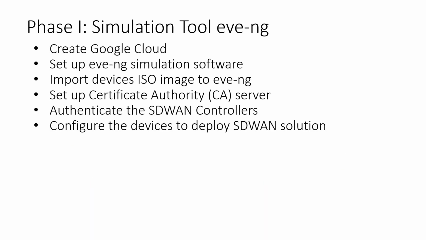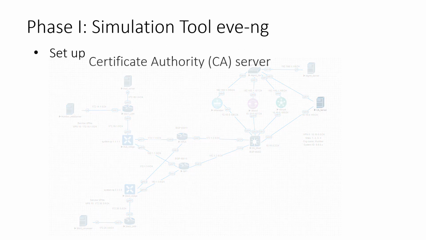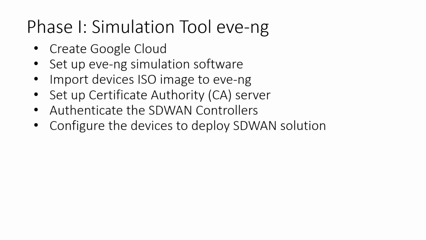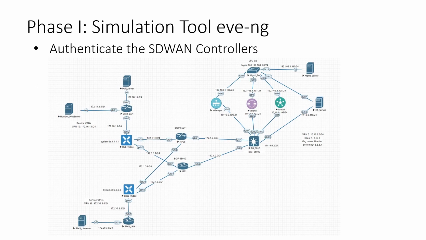This is a picture of our network topology. And this is the CA server configured in a Cisco router. These are the controllers: vManage, vBond, vSmart.